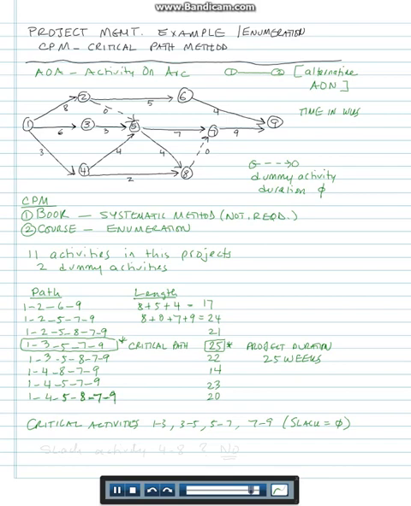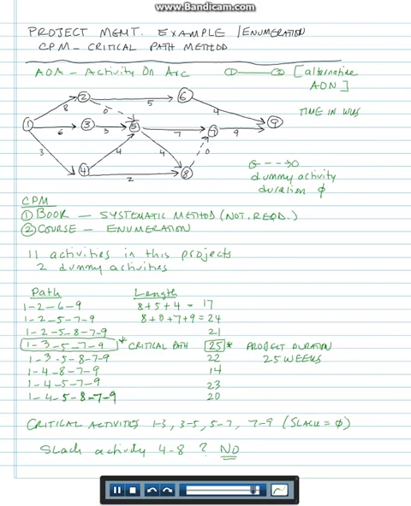So do I know the slack for, say, activity 4, 8? The answer is no, because I did it by enumeration and I don't have all that kind of information.